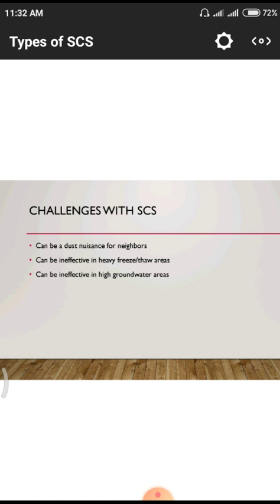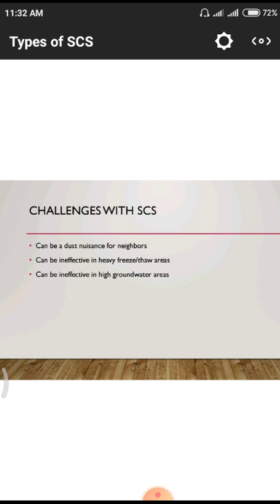Why? Because the soil has a huge amount of water content in the form of ice. That ice does not accept the cement and react. The total slurry will be there, and it will take a huge amount of time for setting. It can be ineffective in high groundwater areas.